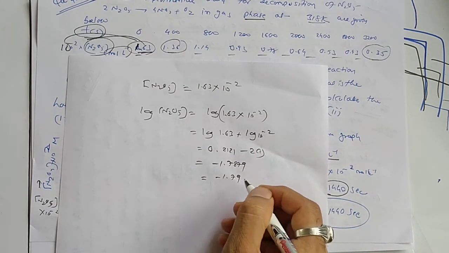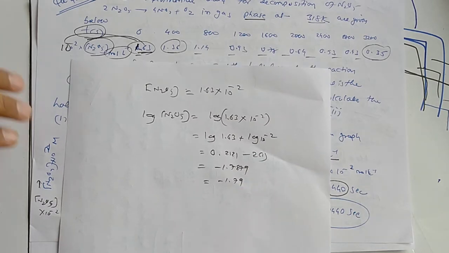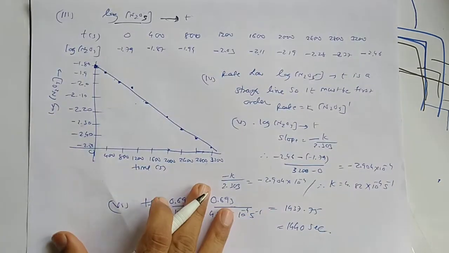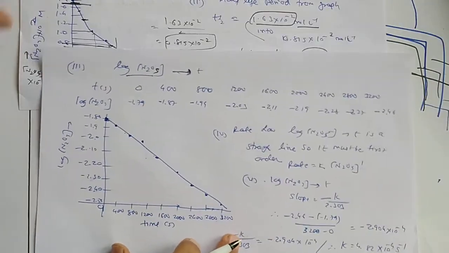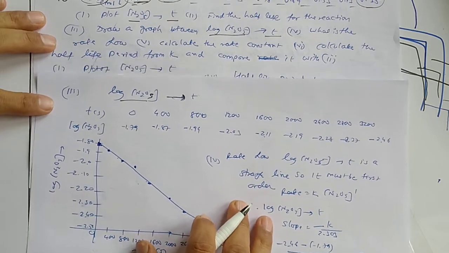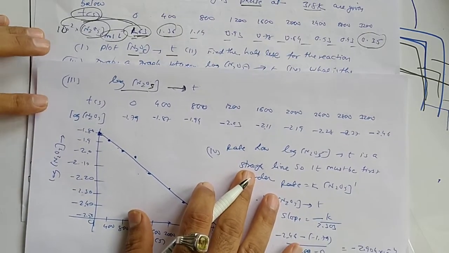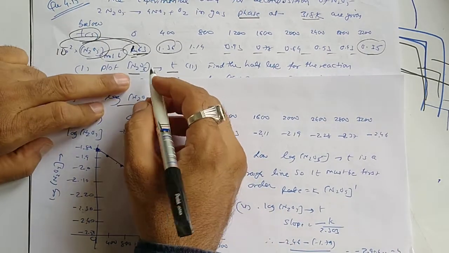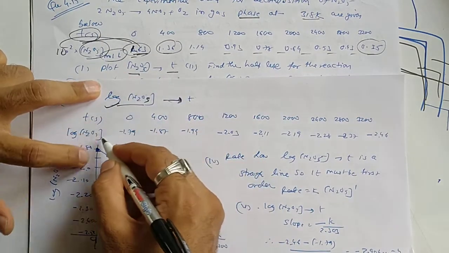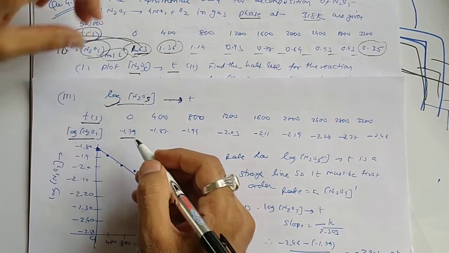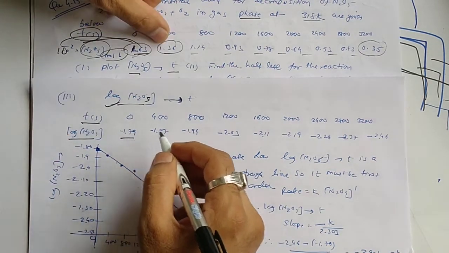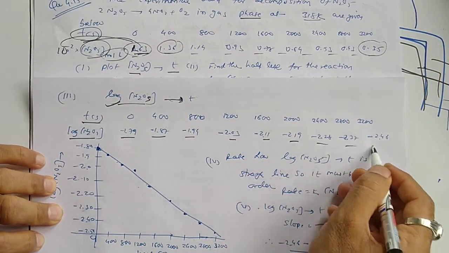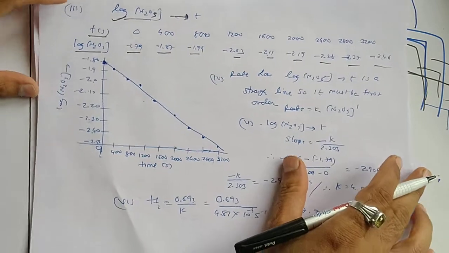So about 1.79. Yes, sir. So it is derived like this. These are the values of log N2O5: minus 1.79, minus 1.87 and so on. Clear? Now we have to plot the graph.